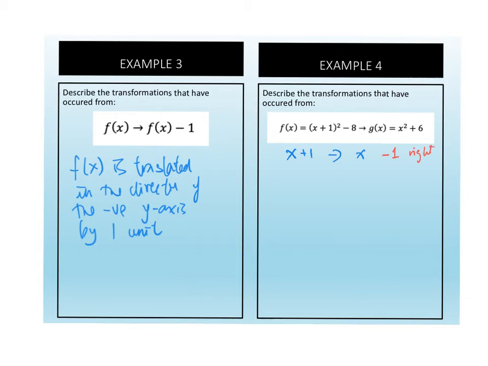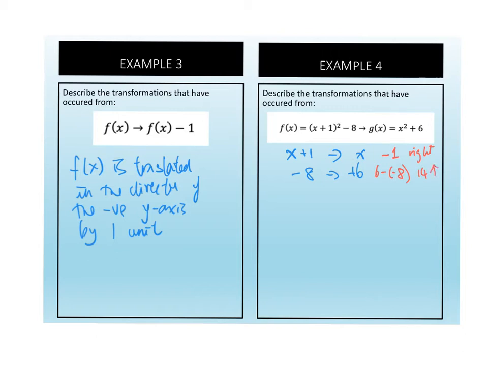Now, you have gone from minus 8 to plus 6. Actually, this is what I should do, 6 minus 8... So you've moved up by 14 units.